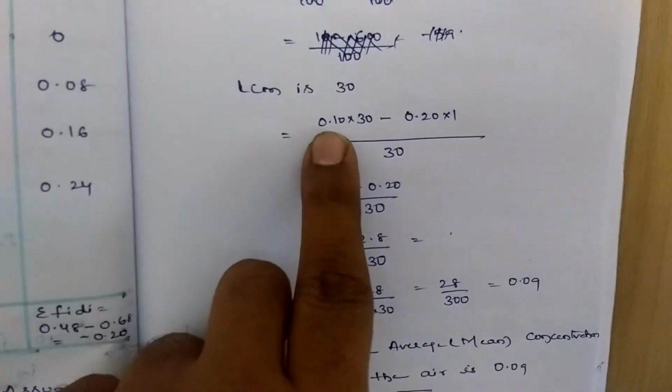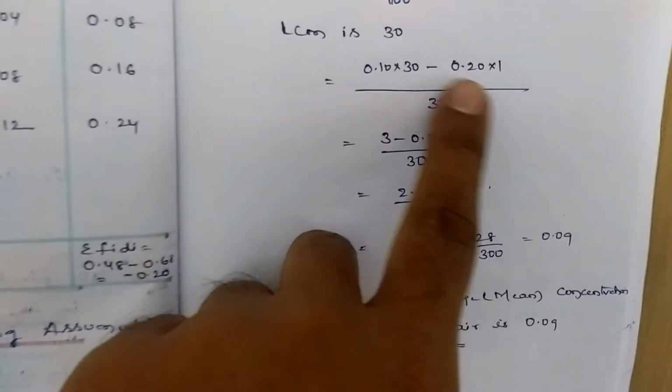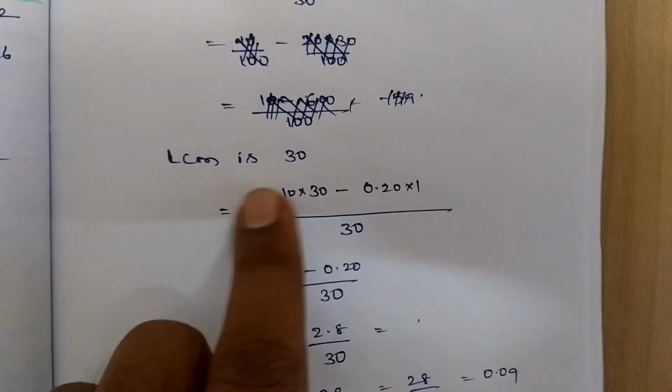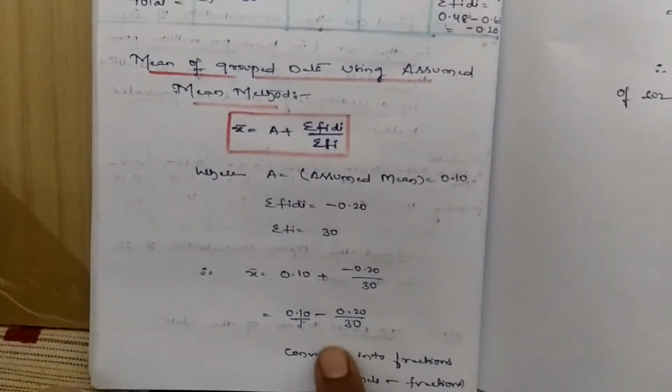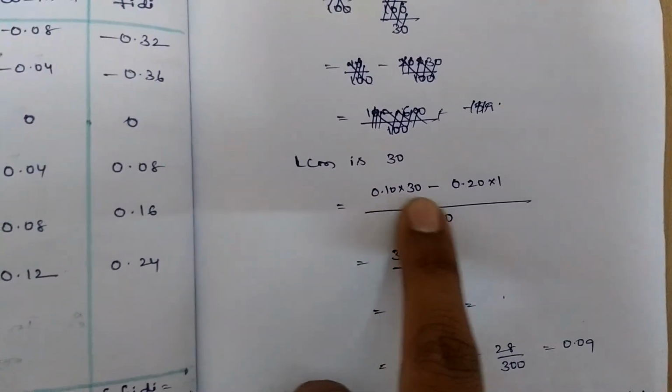So we get like this: 0.10 into 30 minus 0.20 into 1, with the normal LCM calculation. After getting the LCM as 30, 30 into 0.10, that I have mentioned here.